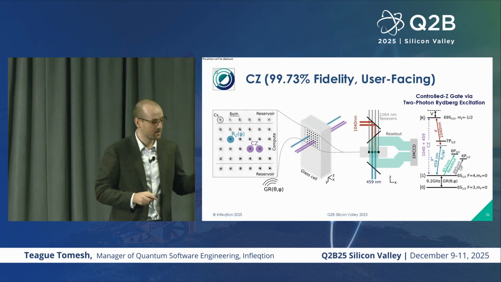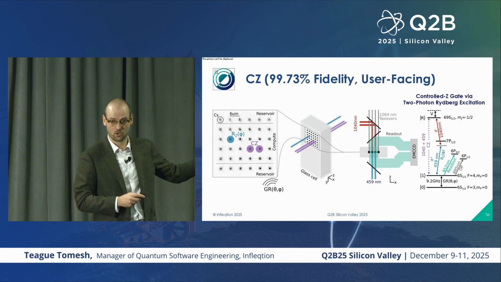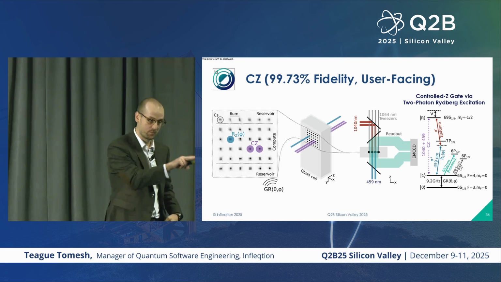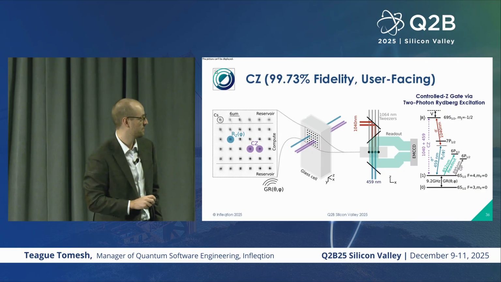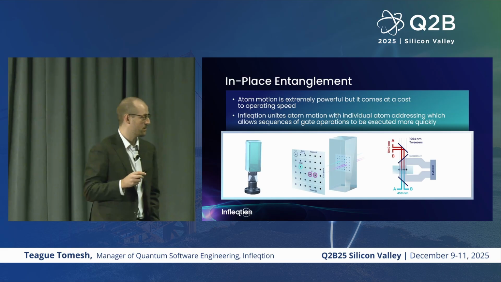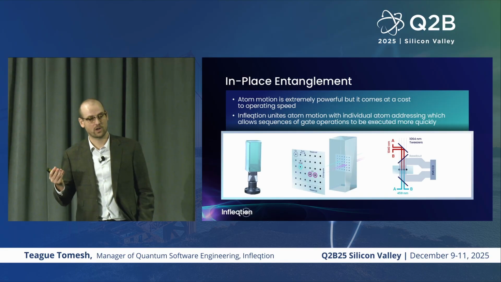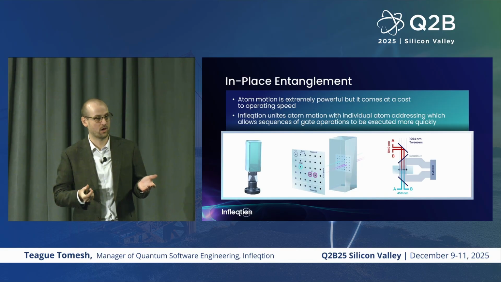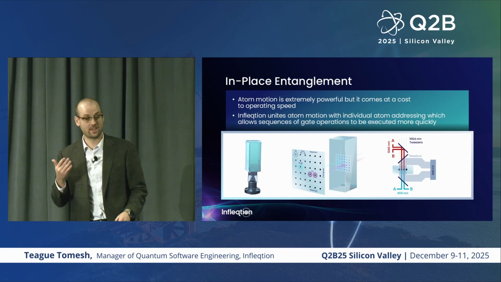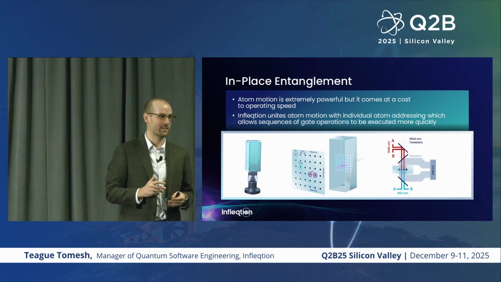I think an interesting aspect of the architecture that we design and build, shown here, is that we have the ability to entangle two particular qubits in place. And to say a bit more about that, I think this connects to this theme of how we use software to make the operation of our hardware more efficient. Atom motion is a very powerful tool, and that's what allows us to rearrange our qubits, achieve that all-to-all connectivity.